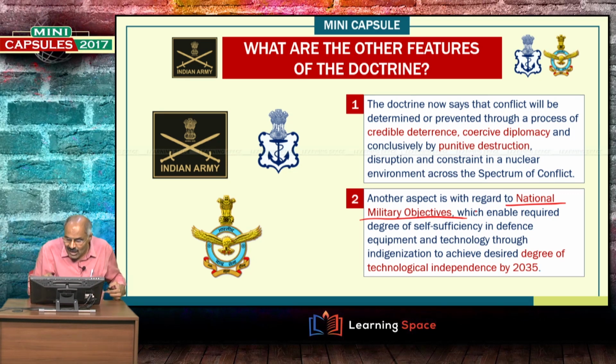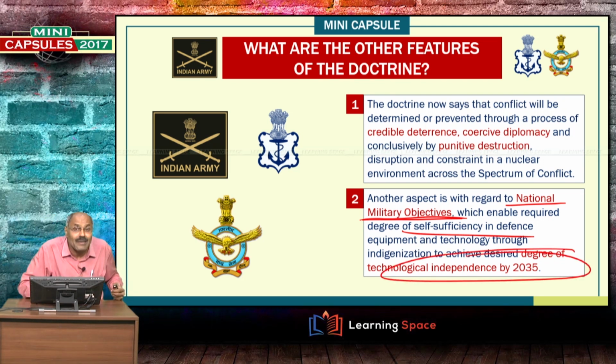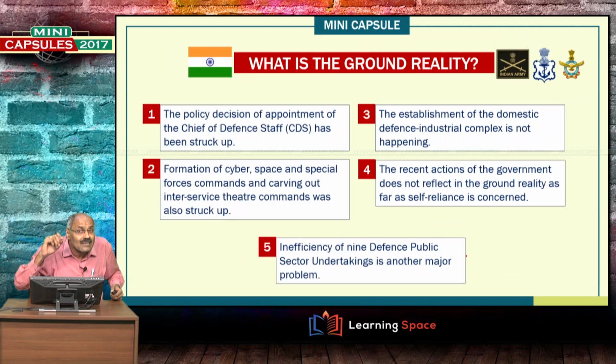National military objectives include self-sufficiency in defense equipment and technology through indigenization to achieve technological independence by 2035. Considering the inefficiency of 9 public sector undertakings under the defence ministry, it appears quite remote.